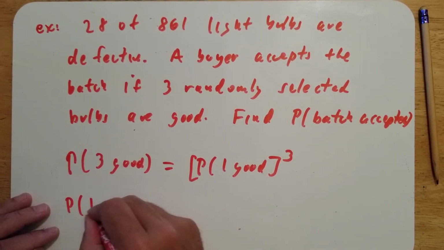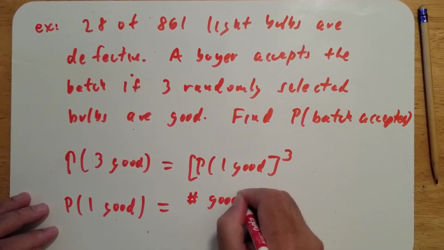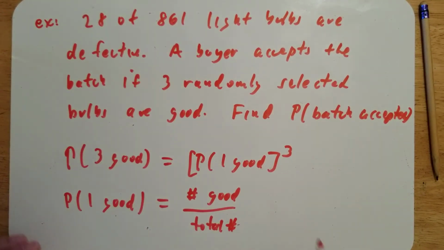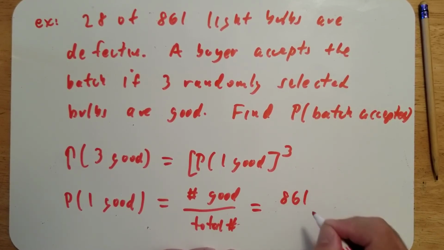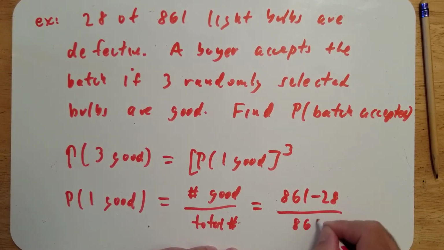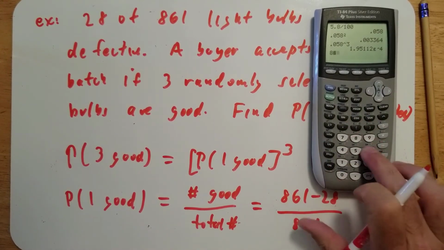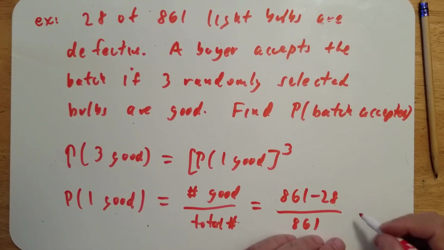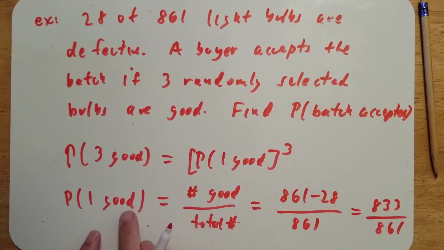So the probability of 1 good is the number of good over the total number. And because they gave you the defective ones, the number of good is 861 minus 28. That's how many good ones there are over the total number. So that's, on the calculator, 861 minus 28 is 833 over 861. That's the probability of 1 good.